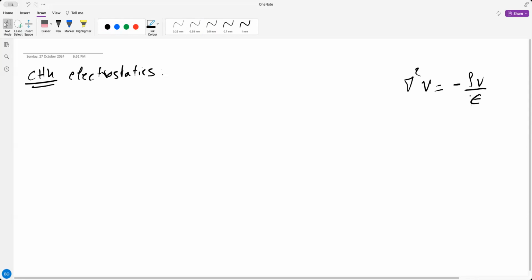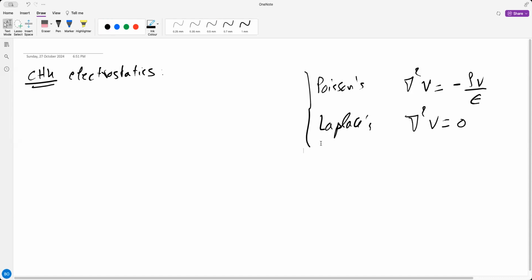In case the total charge inside, for example, a conductor is 0, then we just obtain the Laplace equation. So the Laplace equation is this one.